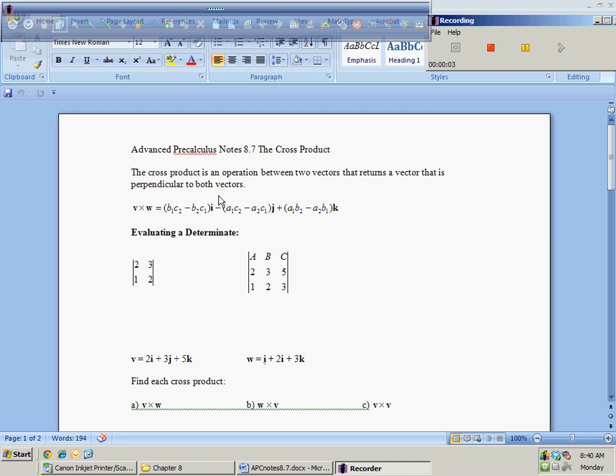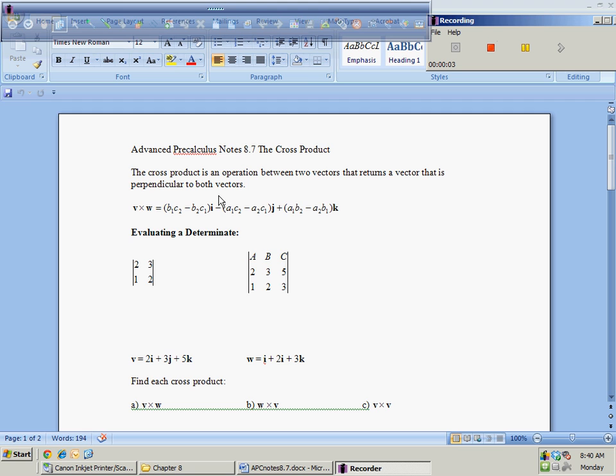So if you have two vectors that are in a plane, when you do the cross product, it gives out another vector that is perpendicular to those two vectors. If these are two vectors somewhere in the plane, and you do the cross product between them, what you get out is a vector that comes out perpendicular.